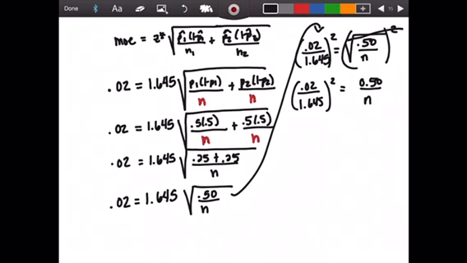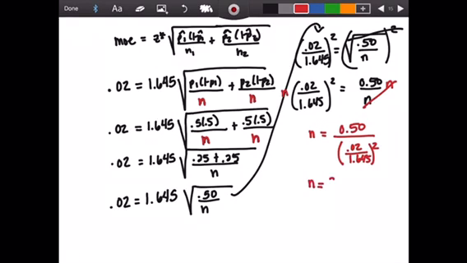Now, if I were to solve it like it looks, I would be solving for the reciprocal of N. I can't solve for a variable when it's located in the denominator, so we'll multiply both sides by N. And then we will find 0.50 divided by 0.02 over 1.645 all squared.